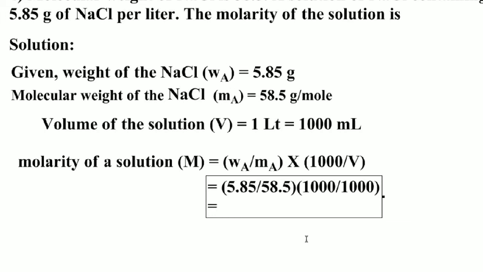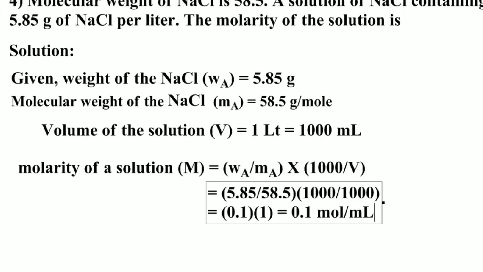So how much does that equal, students? 5.85 by 58.5 means 0.1 into 1. Therefore, that equals 0.1 moles per liter. 0.1 moles per liter is the molarity of the given solution.